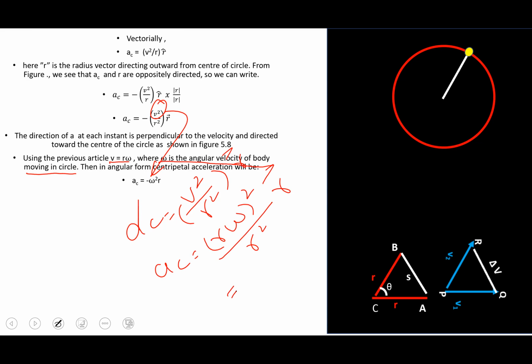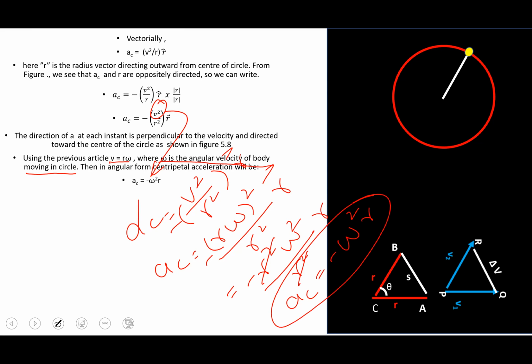Here we have r square omega square divided by r square into r. This r square and this r square basically cancel out. So AC is equal to omega square into r, and the negative direction of the radius is represented by the negative sign, and that is how we get the value of AC is equal to minus omega square into r.